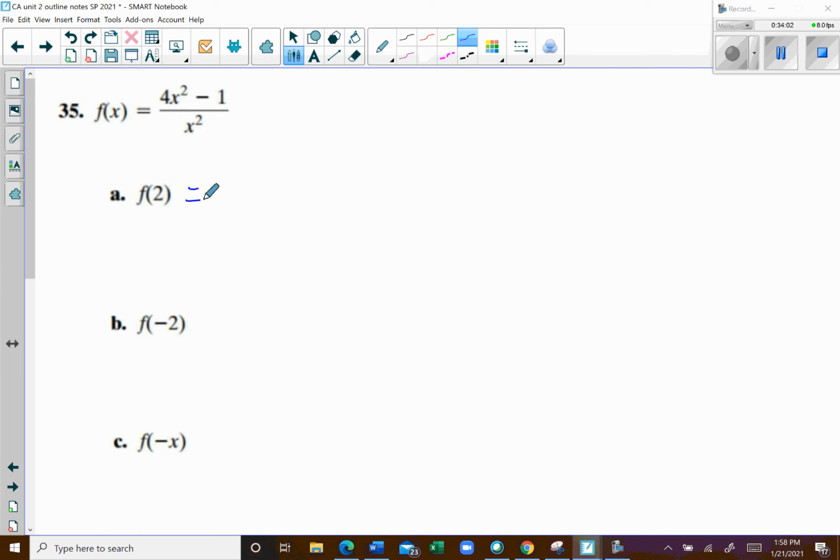So I'm going to start with plugging in 2. We're going to have 4 times 2 squared minus 1 over 2 squared. What you want to do, you don't want to just start canceling stuff out. I can't be like, oh, I'll cancel out the 2 squares. That won't work. The only way you can do that is if you get rid of all the addition or subtraction and then see if there's any common factors that can get canceled out. So let's see what we got here.